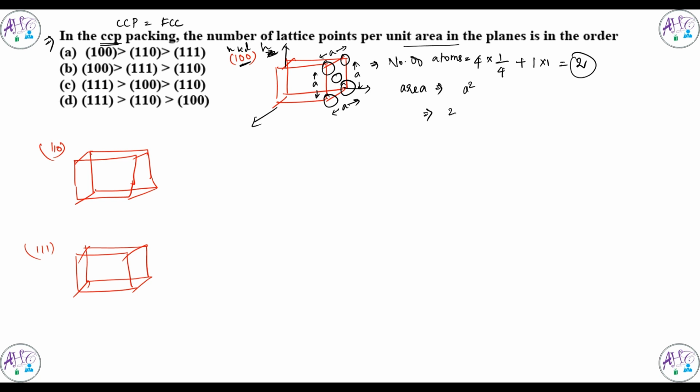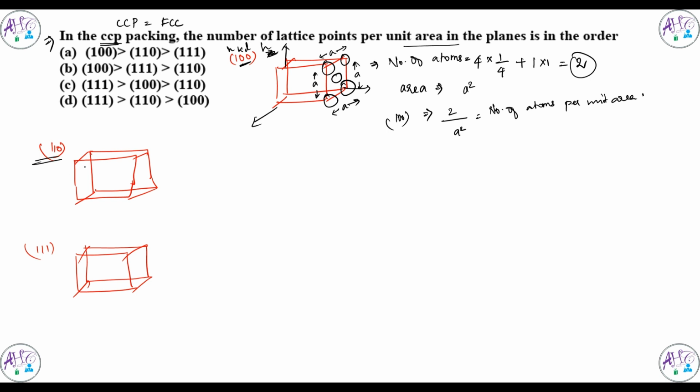So 2 atoms per unit area, where area is equal to A square. So for your 100 plane, the number of atoms per unit area is going to be 2 by A square. So this is going to be the number of atoms per unit area.